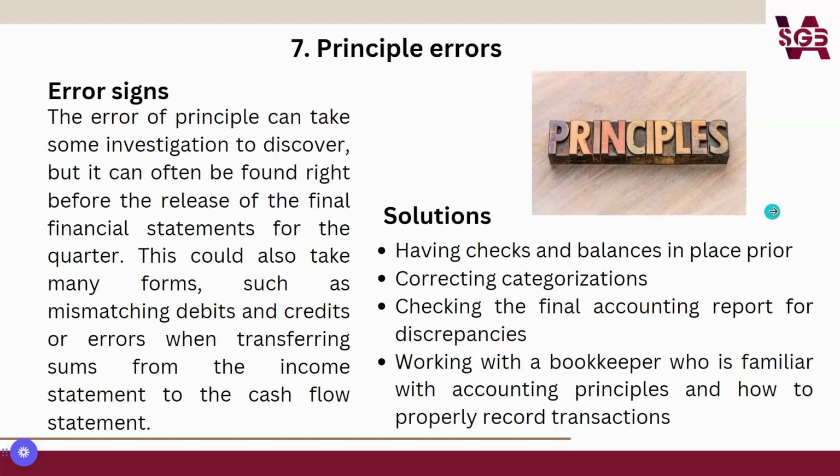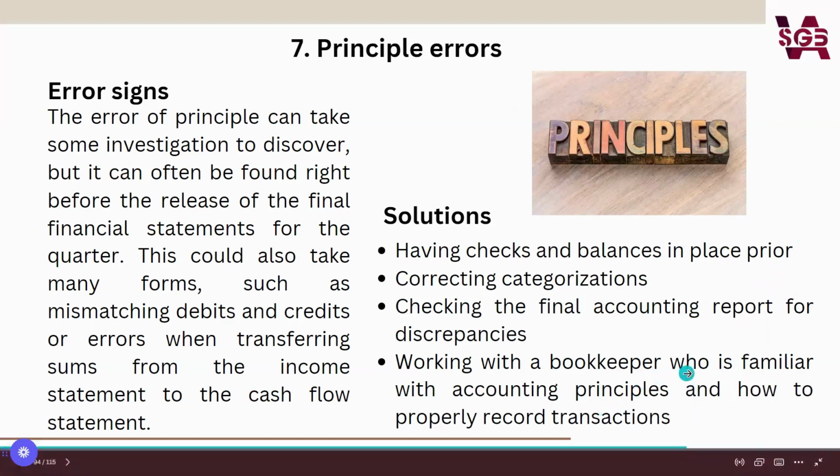You should always correct the categorizations if it's not correct, or it's not in the appropriate category. Also, you need to check the final accounting report for any discrepancies before you submit it to the tax revenue or a revenue agency.